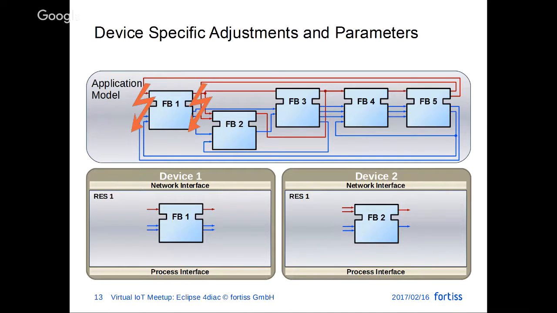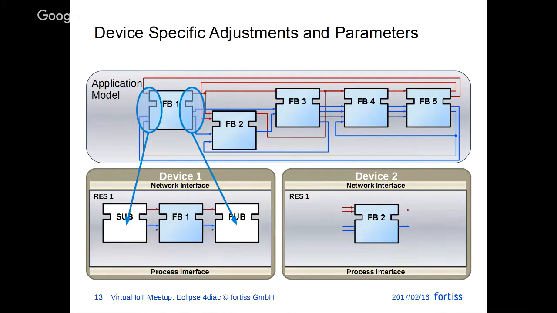And there are options that you then generate or model the communication, how the connections between the function blocks are then handled over the network. So in this case, we inserted publish and subscribe function blocks. A subscriber takes messages from the network, hands it over to function block 1.